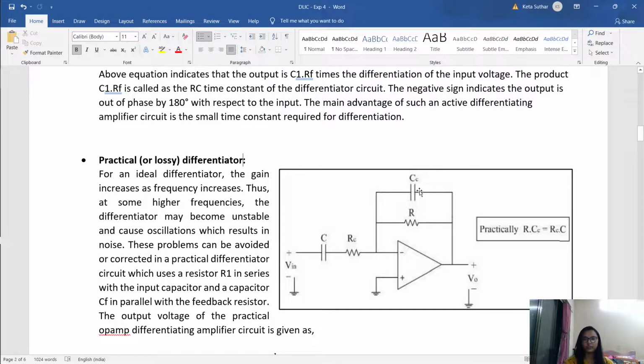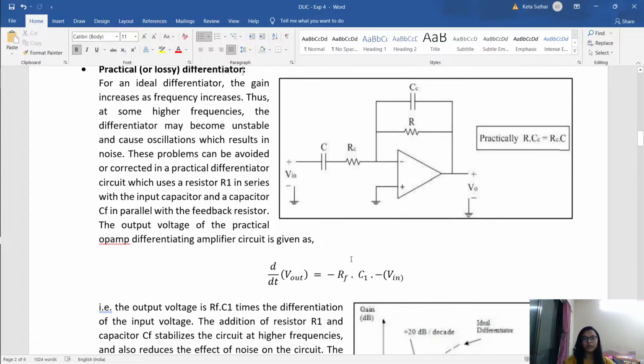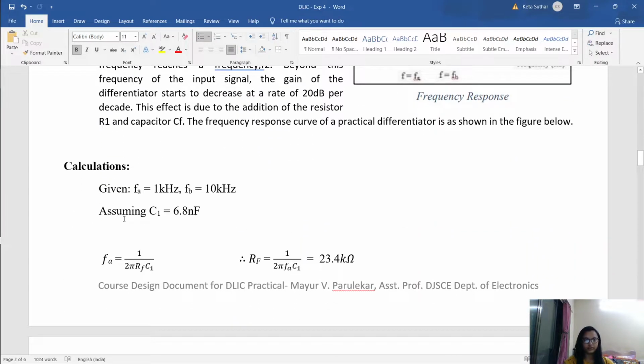So to avoid that, we connect a capacitance in parallel with the feedback resistance, and to the input capacitance we give a series resistance. If we talk about the calculations, given that FA is 1 kHz, that is the lower cutoff frequency, and FB is 10 kHz, that is the upper cutoff frequency.